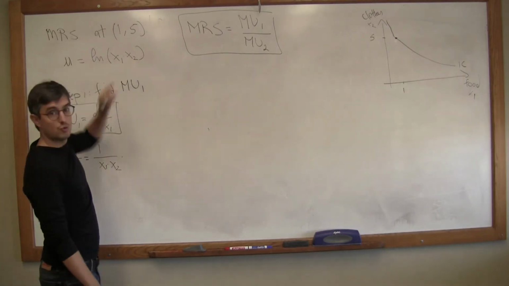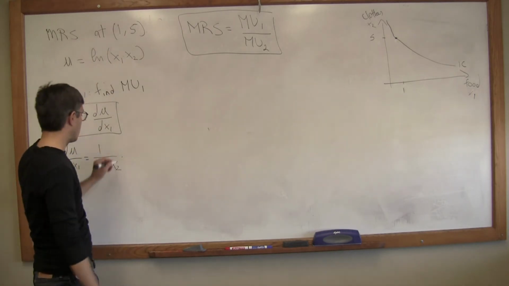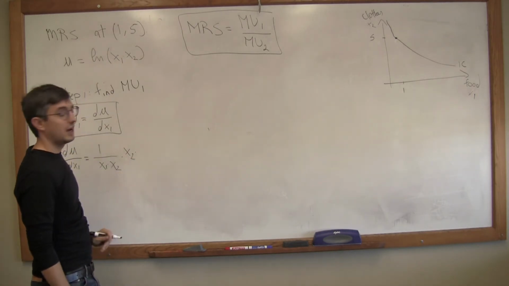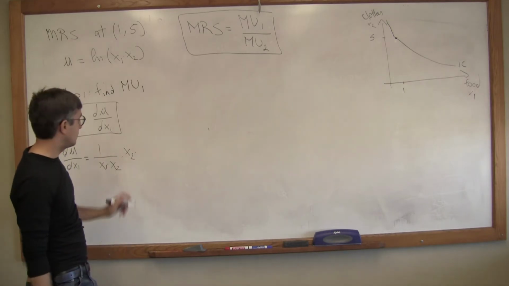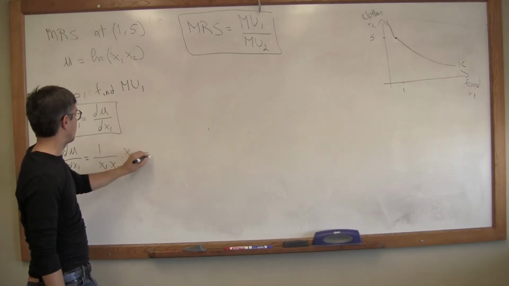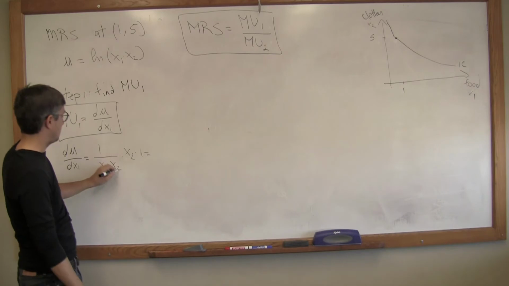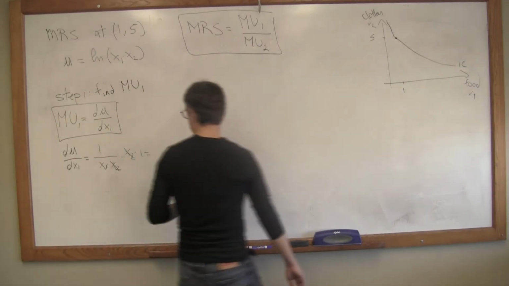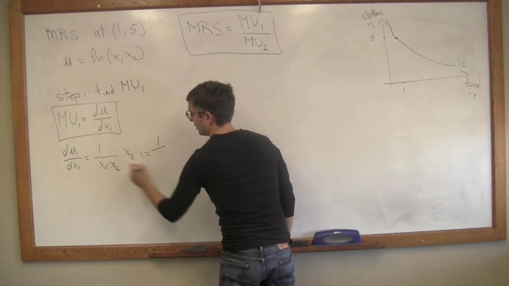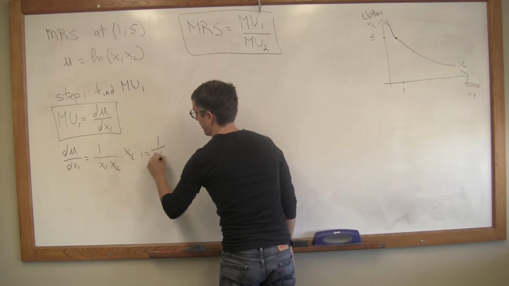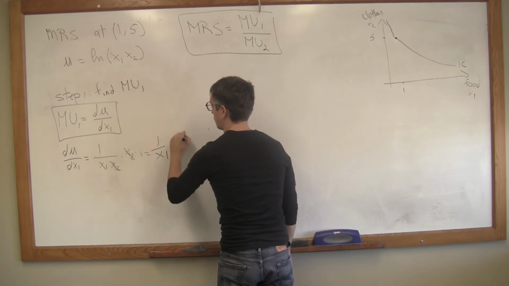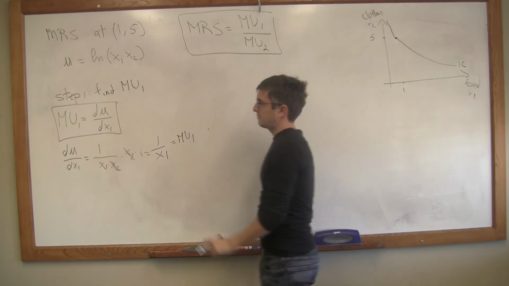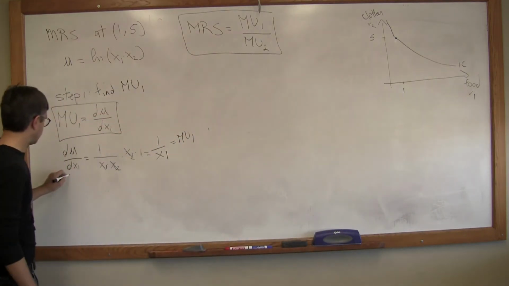The inside function is x1 times x2. We treat x2 as a constant, which means that we write it down, and then we take the derivative of x1, which is just 1. So these x2 and x2 cancel out, and as you've already seen multiple times, the derivative is equal to 1 over x1. So this is mu1.